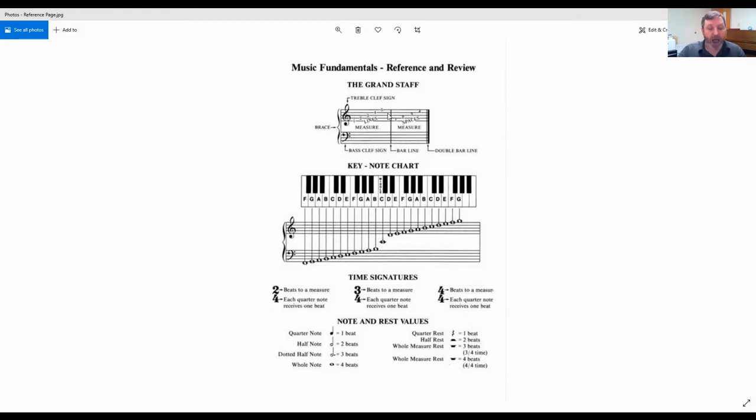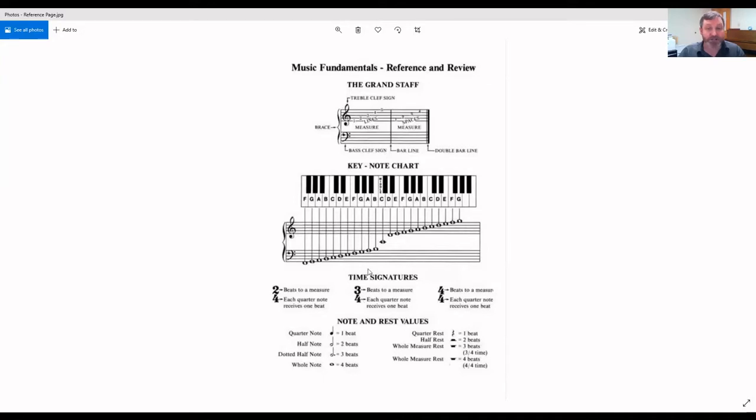Remember, we've talked about having time signatures that can either be 2/4, 3/4, or 4/4. Each of these time signatures is representing that a quarter note will receive 1 beat, but a 2/4 time signature means that there's only 2 beats in each little section or measure of music that we would write.